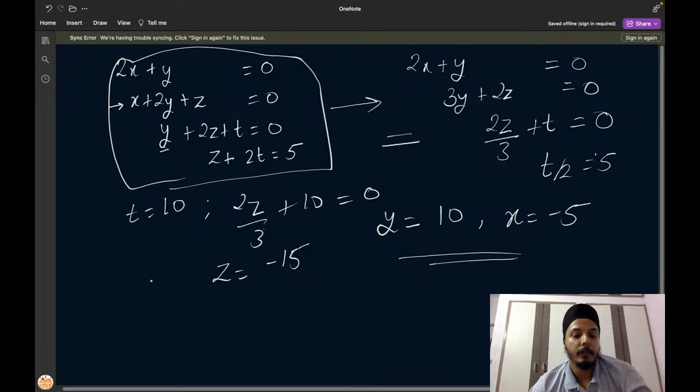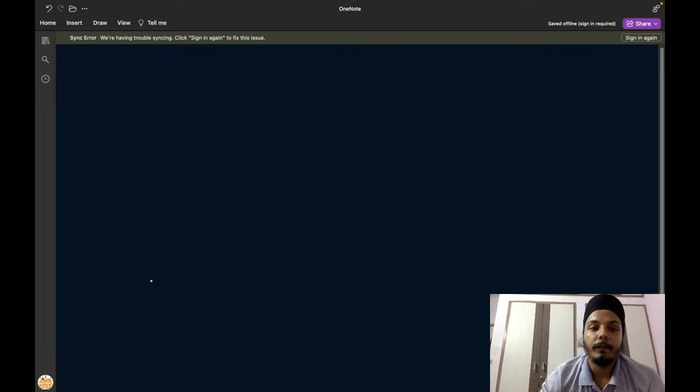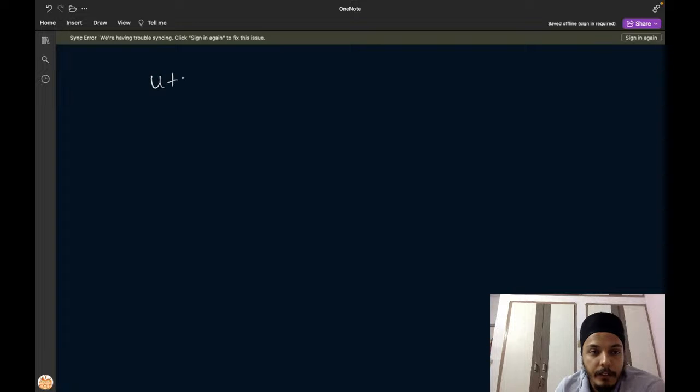Now let us see another example. This time we are taking 3D equations, so only three variables will be there. Our first equation is u plus v plus w equals 2.